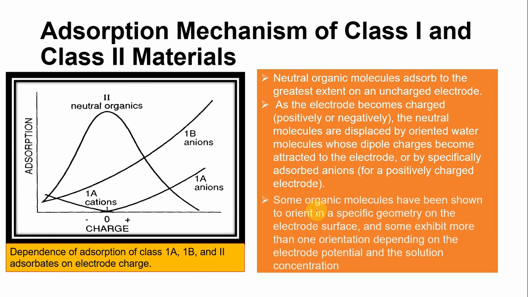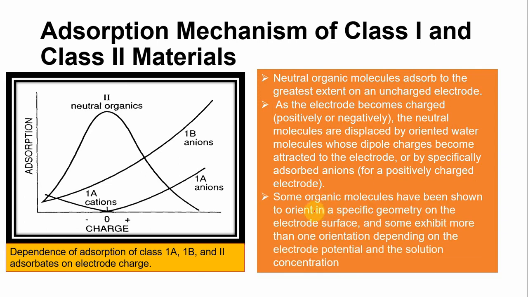Okay. So some organic molecules have been shown to orient in a specific geometry on the electrode surface, and some exhibit more than one orientation depending on the electrode potential and solution concentration. So again you can see that geometry becomes important under certain conditions.